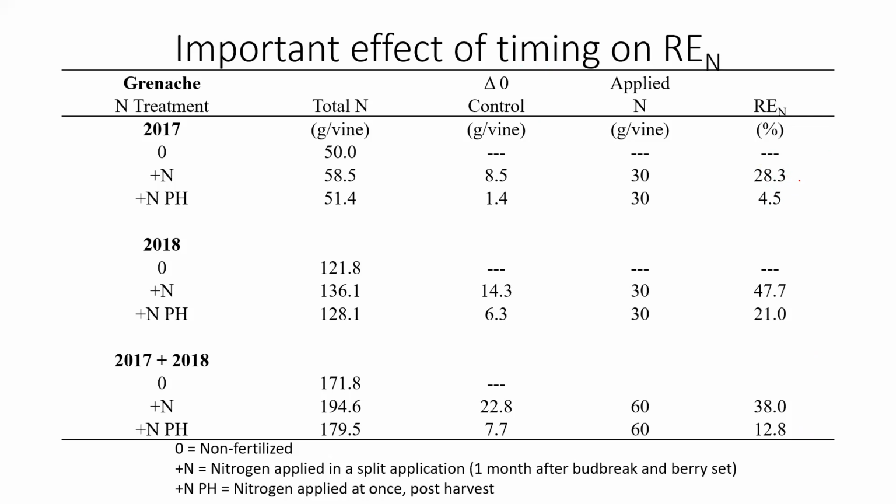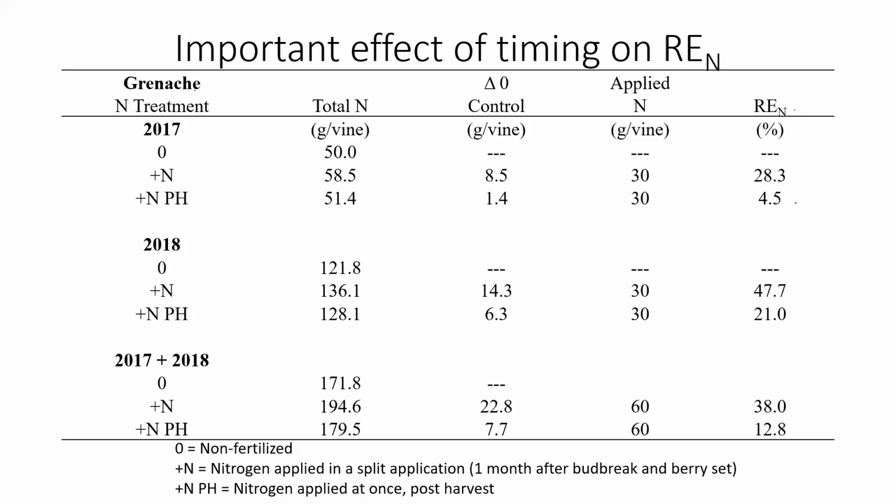So a lot of people think that maybe they should apply nitrogen at the end of the season. And what I want to show from this slide is, this happens to be in a Grenache vineyard, REN is recovery efficiency of nitrogen. These are different years where the data were collected, 2017 and 2018.